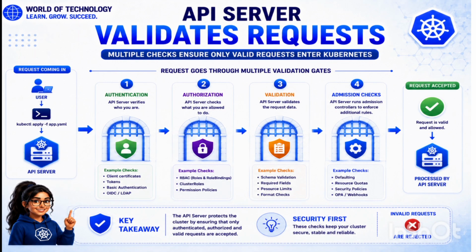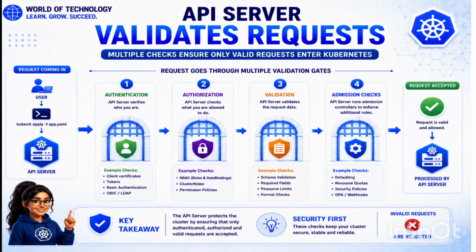Now here is where things become really interesting. The API server does not blindly accept every request. Instead, it performs several important checks. First comes authentication. The API server asks, "Who are you? Can I verify your identity?" This may happen through certificates, tokens, or other authentication modes. Next comes authorization. The API server asks, "Even if I know who you are, are you allowed to perform this action?"